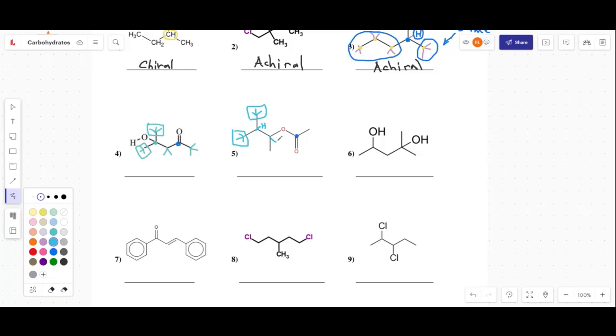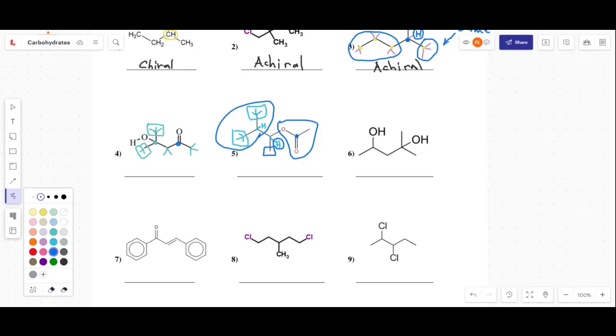But if I look at this next one here, there's a hydrogen there. If I circle the 4 groups around it, I have a CH3 here. I have a big group over on this side. I have a hydrogen. And I have this over here. Are any of those 4 groups the same?